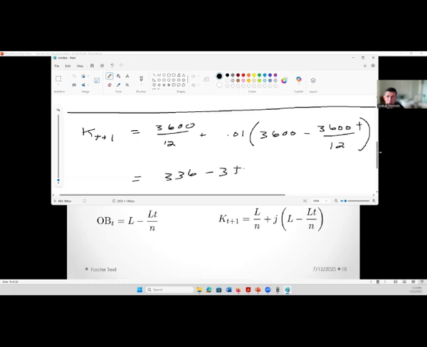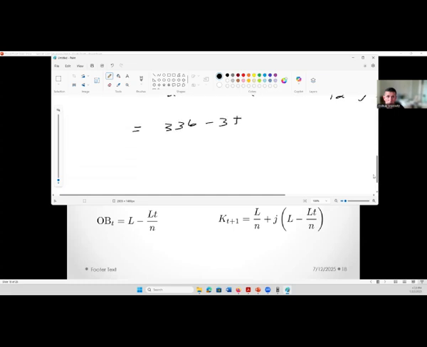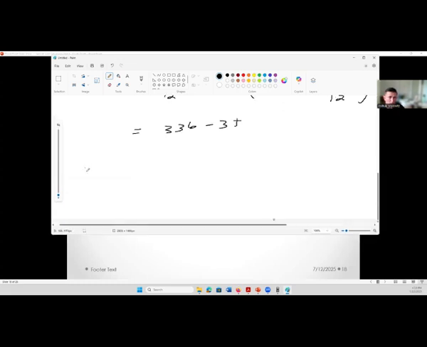minus 3t. Right, so this is what I'm going to do. Write the first couple, and then maybe write the last one, and we'll see the pattern. K7, there's going to be a little trick here. We're going to write it as a constant annuity minus an increasing annuity. You can do it as a constant annuity plus a decreasing annuity, but that's a lot trickier in certain situations.